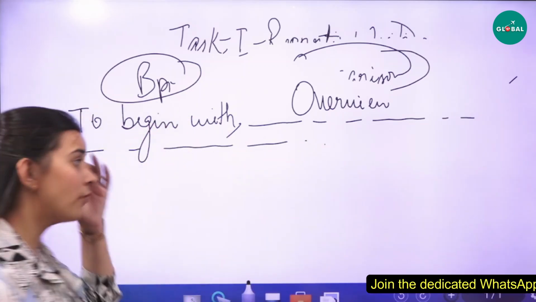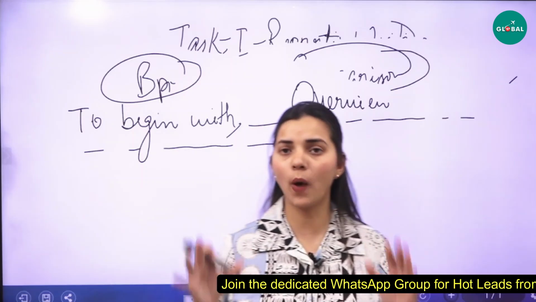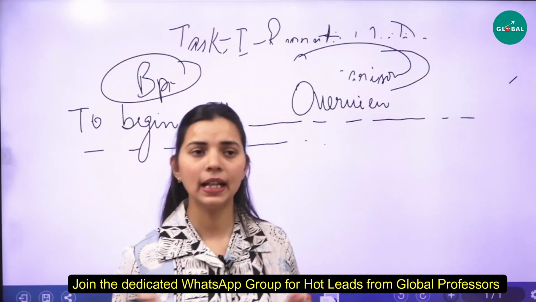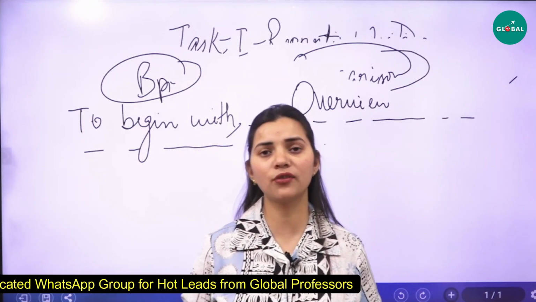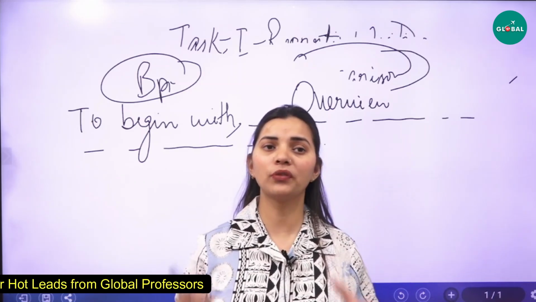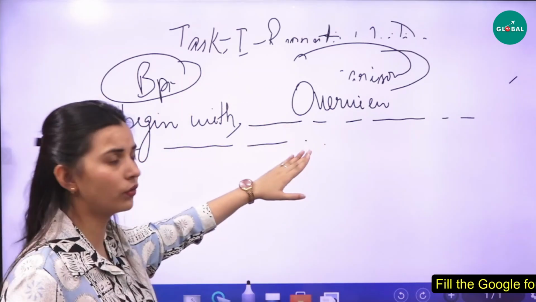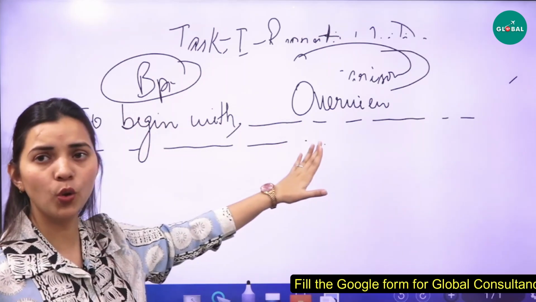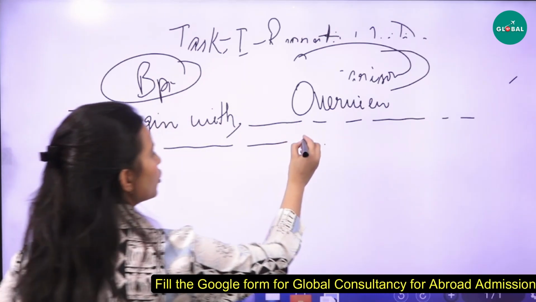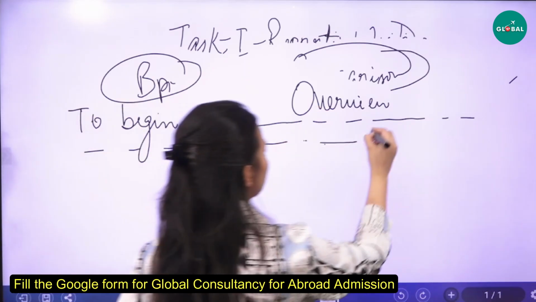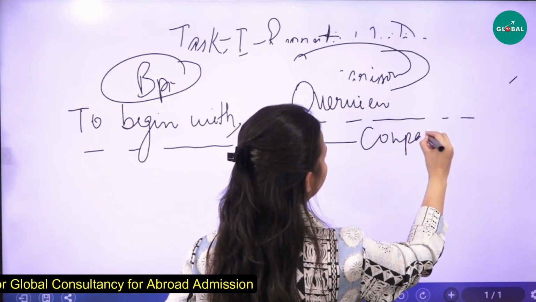That's all. You have to write your overview in one or half a sentence basically, right? If there will be two overviews, meaning if your data is very long and you find two observations, you can go for that. But most of the time there is only one overview. To begin with, write down your overview, the highlighting feature, full stop, and then start writing your comparisons from here itself.